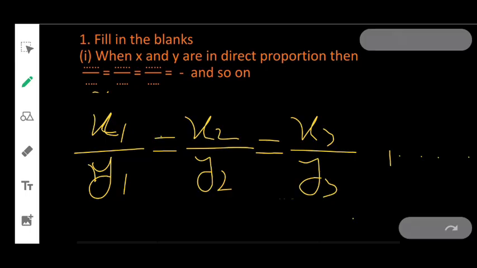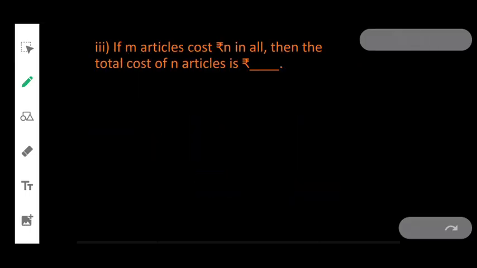Now the next question number 3. If an article costs n rupees, then the total cost of n articles is how much? The cost of m articles is n rupees.